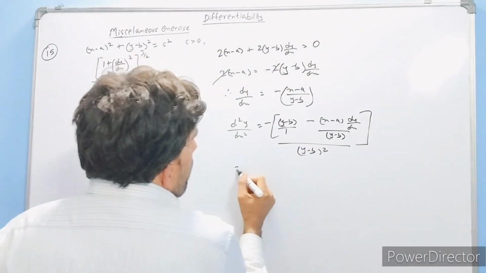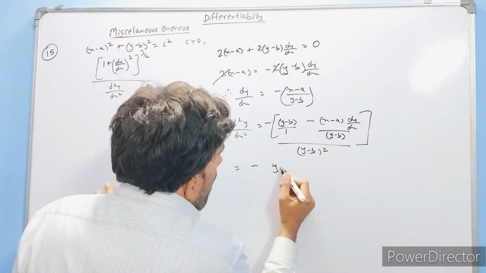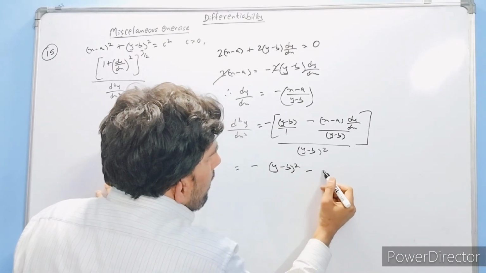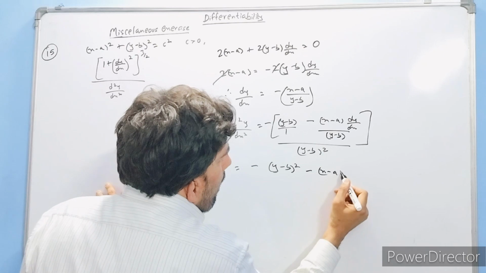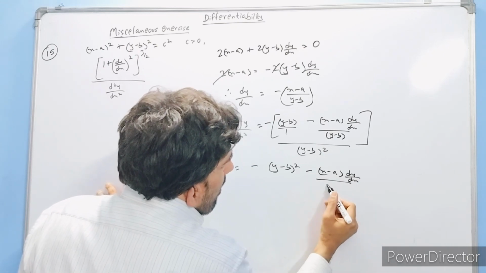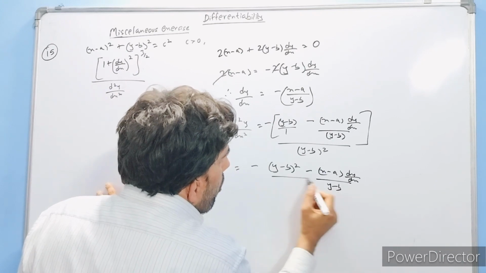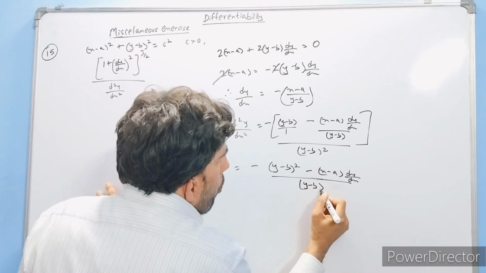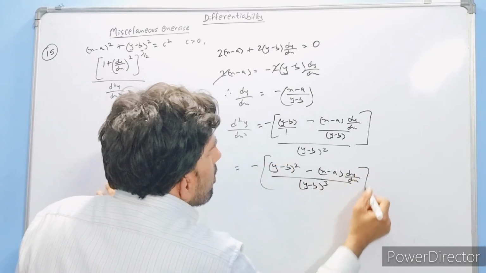So we have −(y − b) − (x − a) dy/dx over (y − b)², so it will be (y − b) whole cube. So we have this.